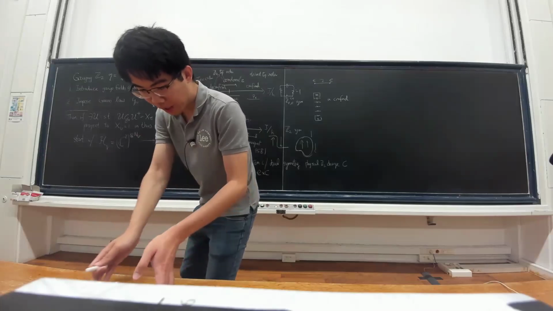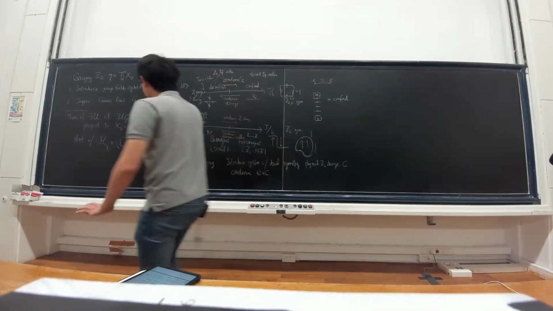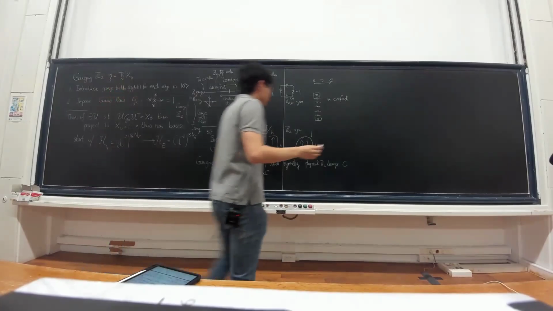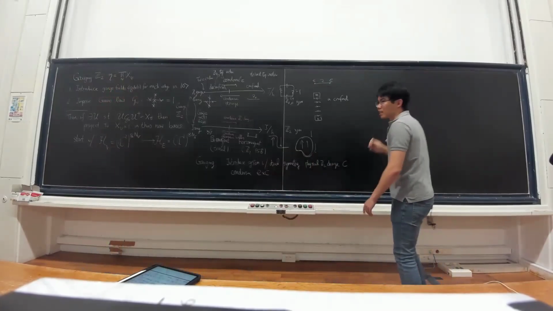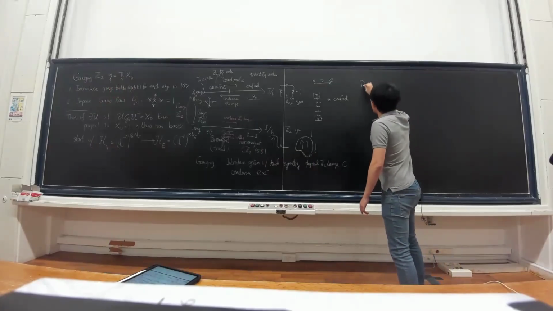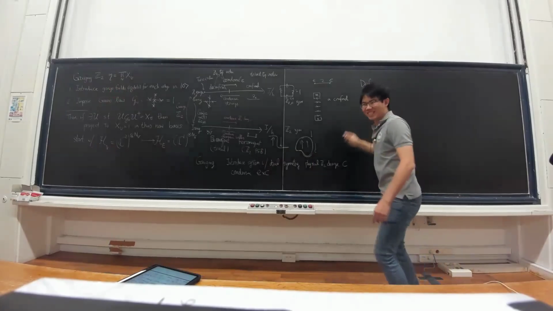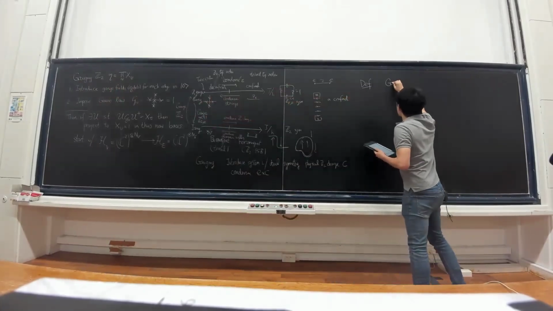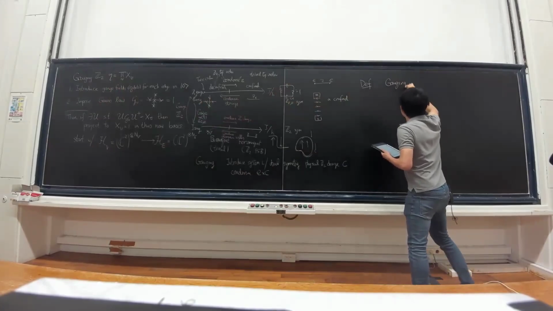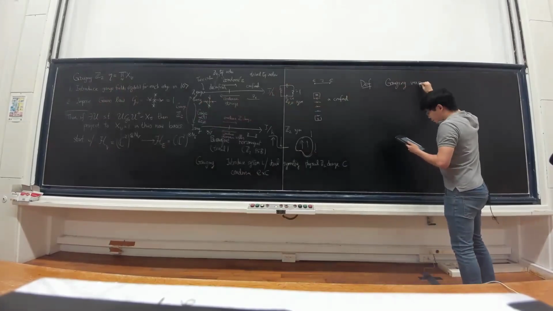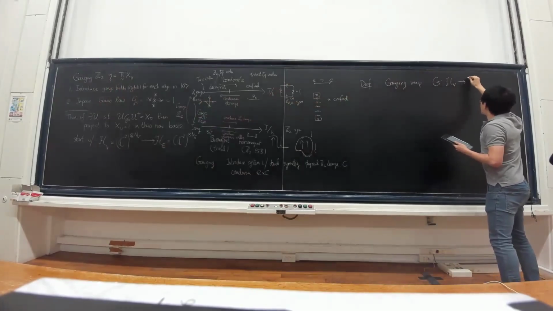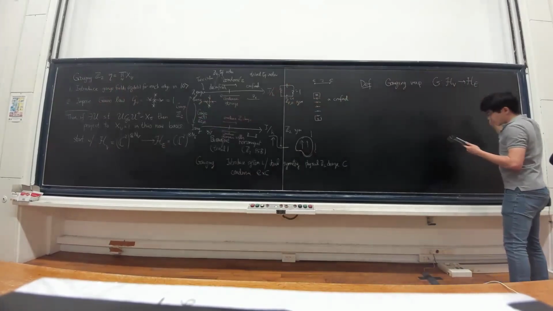So I want to define a map that does what this gauging does. I'm going to write down a definition. I'm going to define the gauging map as the following map from the vertex Hilbert space to the edge Hilbert space.